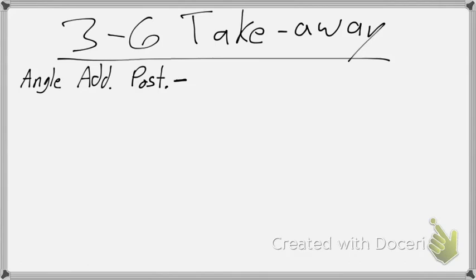So again, the big one, the new one, is the angle addition postulate. The difference between the angle addition postulate and the segment addition postulate is that with the angle addition postulate, we're adding angles. So the idea is this angle, we'll call it angle ABC.